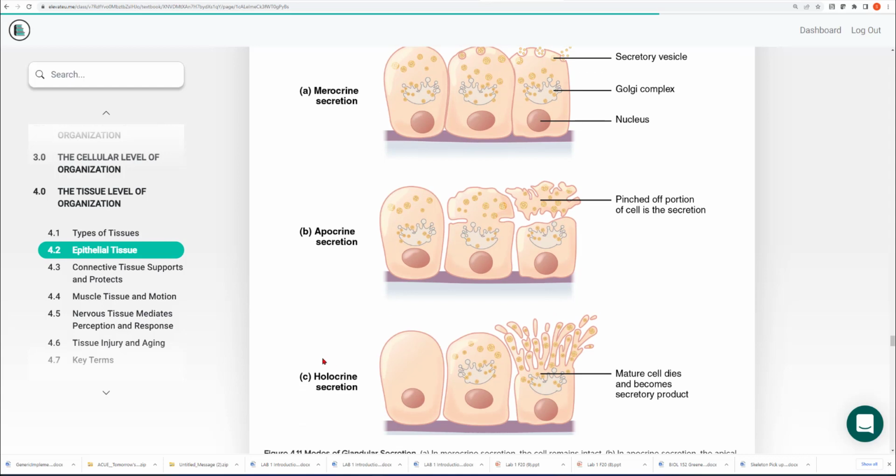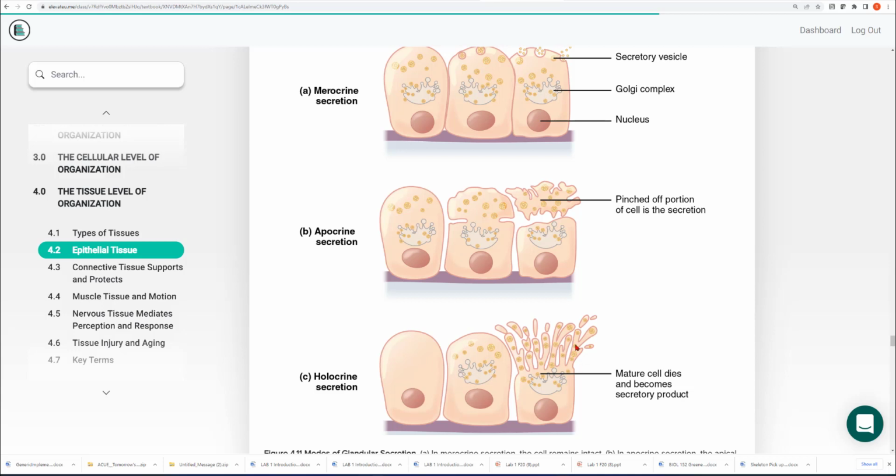And then finally, there's holocrine secretion. What happens in holocrine secretion is that as the cell is releasing its products, the cell actually releases its entire self. The whole cell dies in the process. So how do I remember this?